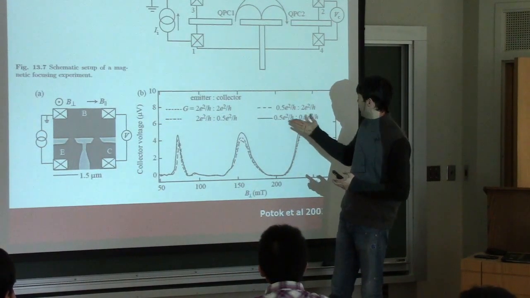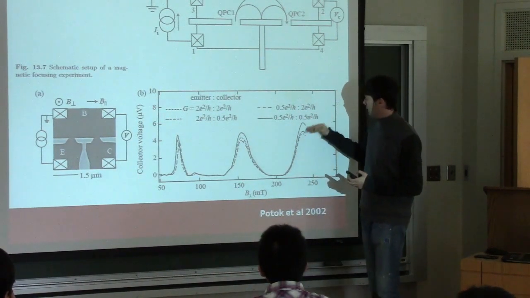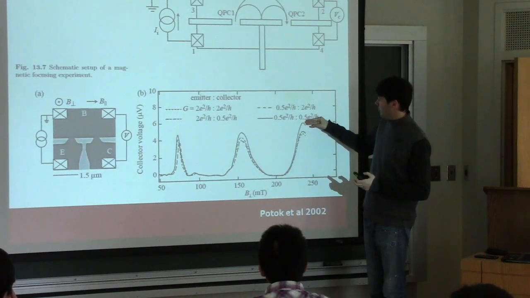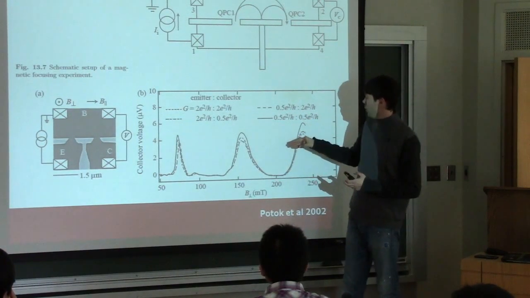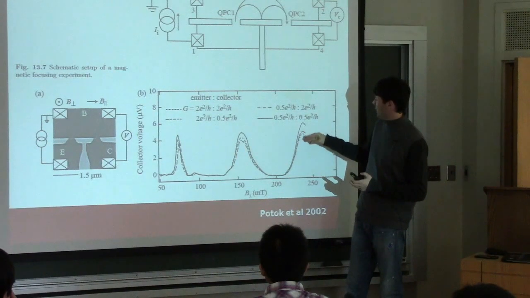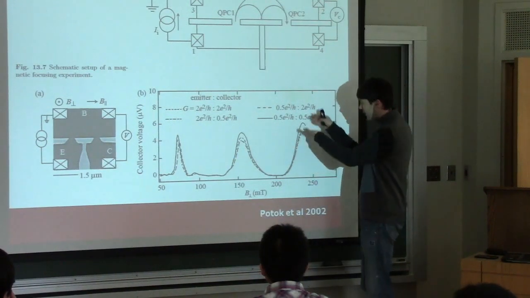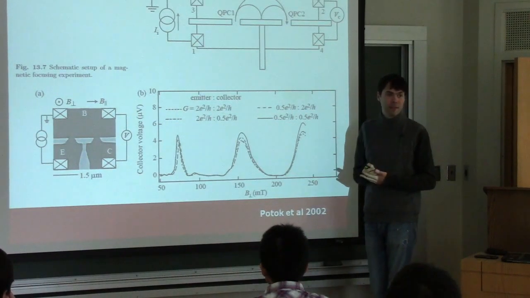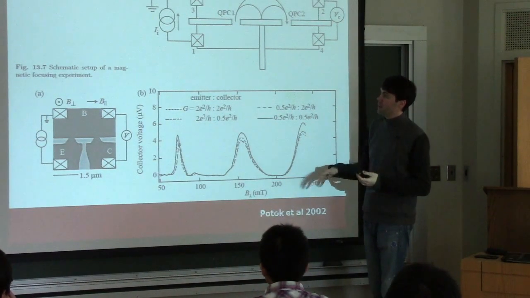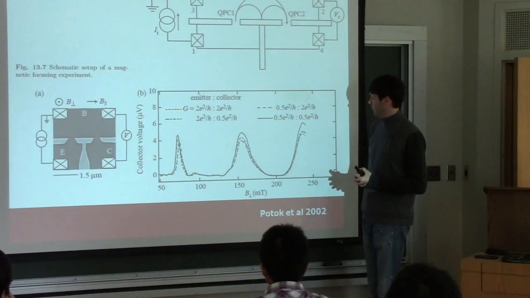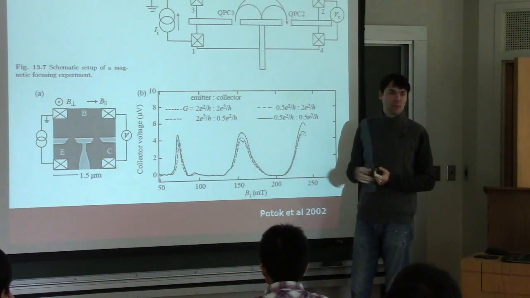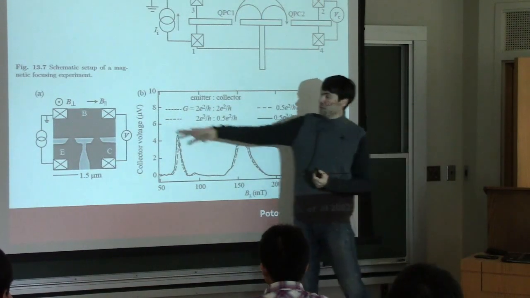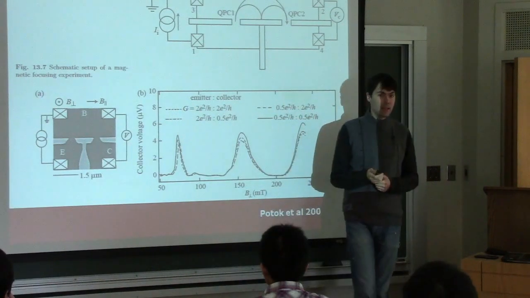So when both of them are polarized, you get a very high signal. And when one of them is unpolarized, you get a lower signal. And so from looking at these little differences here, they were able to deduce that indeed, by the end of the day, there is some spin polarization injected and collected in this quantum point contacts.